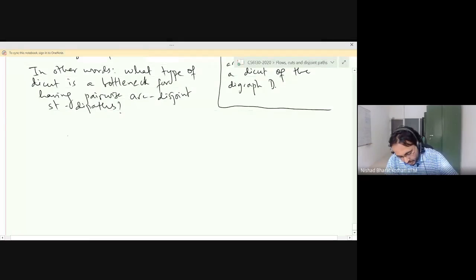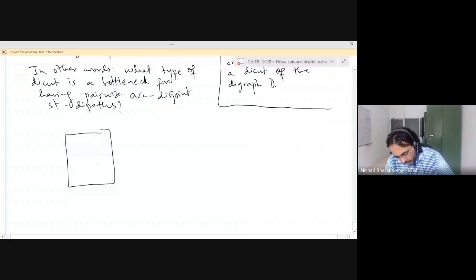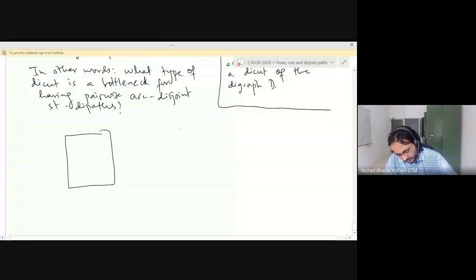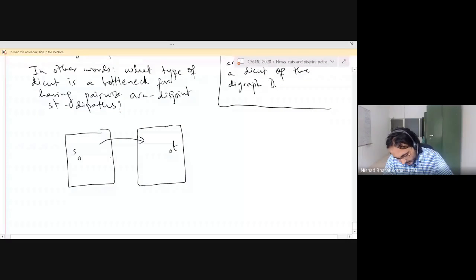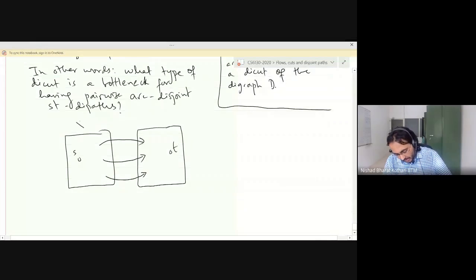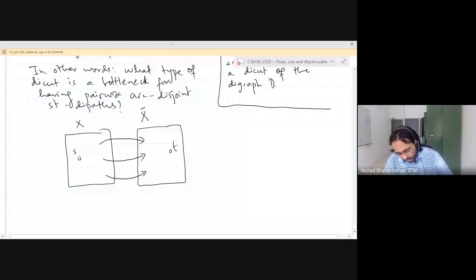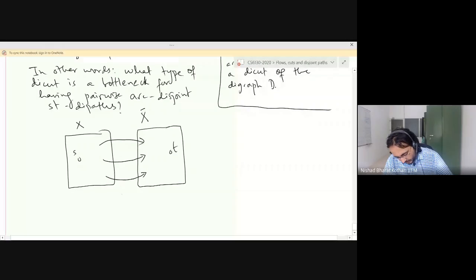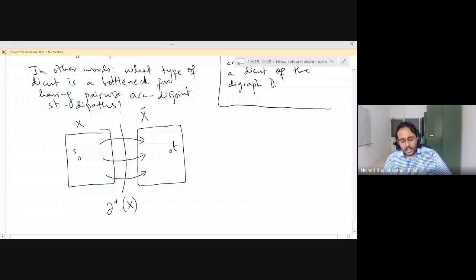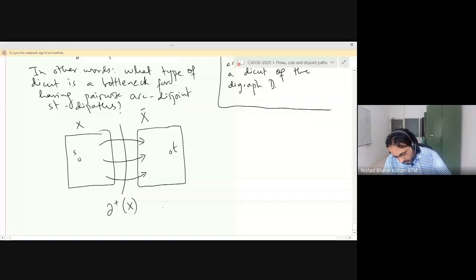See, remember what you're trying to do is, supposing you have a dicut. S is here and t is here. And you have, let's say, 3 arcs going like this. Well, if you have exactly 3 arcs going from x to x bar, so we are looking at partial plus of x, where s is in x and t is in x bar.